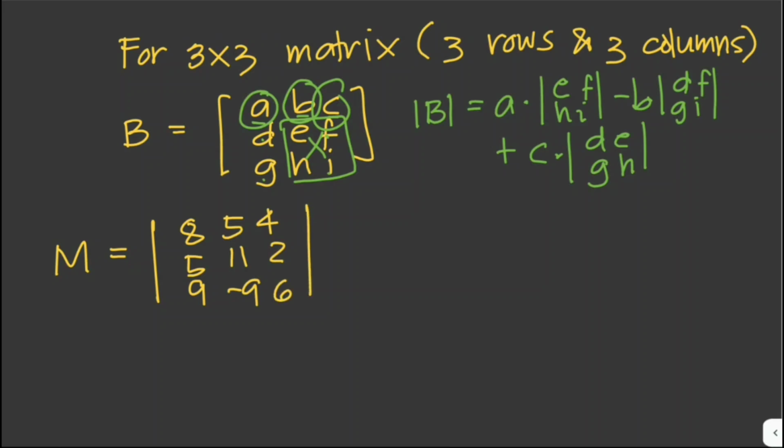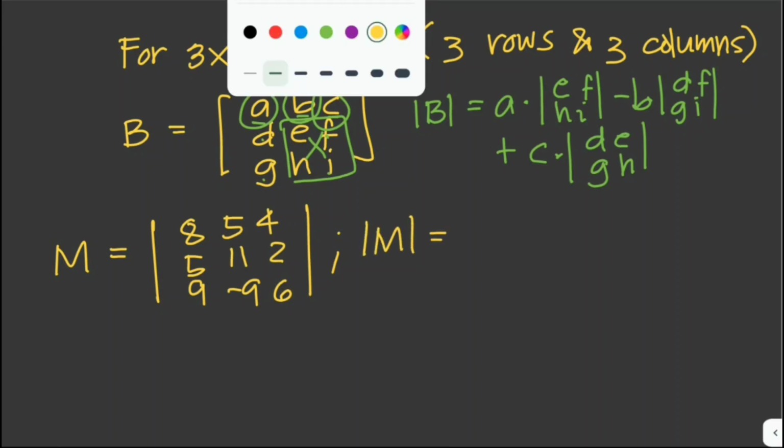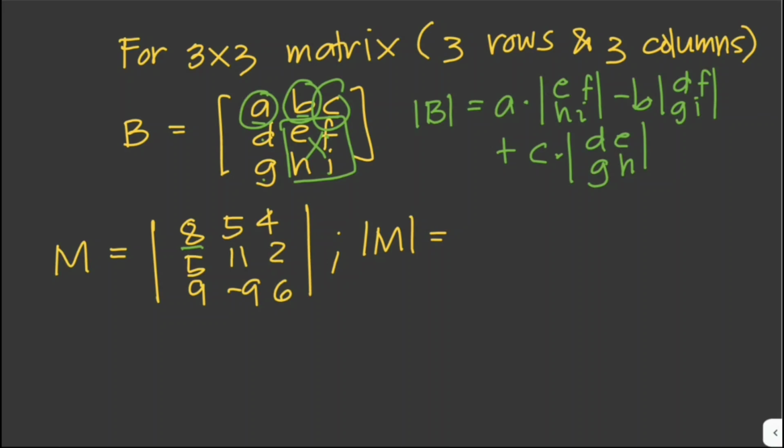So we solve for the determinant of matrix M. So this is just 8 times 11 times 6 minus 2 times -9.